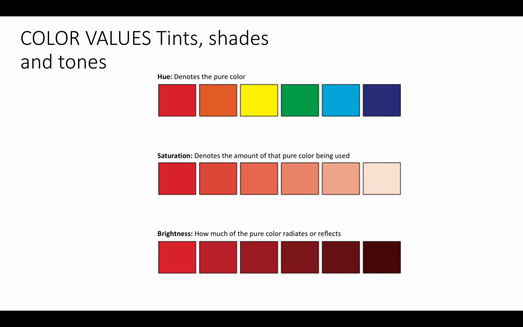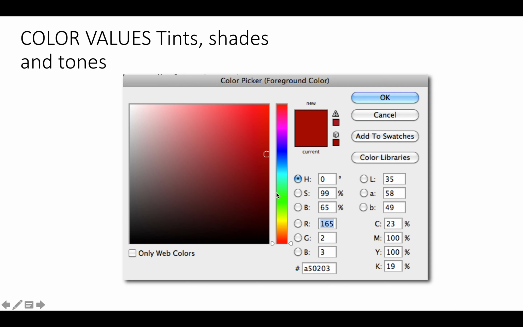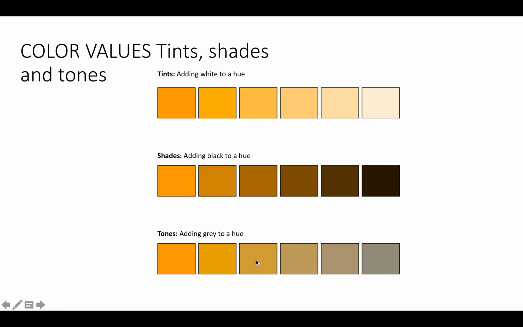So you can think of saturation in terms of pale versus pure or weak versus strong. Brightness is similar, but it's attributed to when a source appears to be radiating or reflecting light. But you can find the hue, saturation, and brightness in your color picker as well. And then we have tints, shades, and tones.